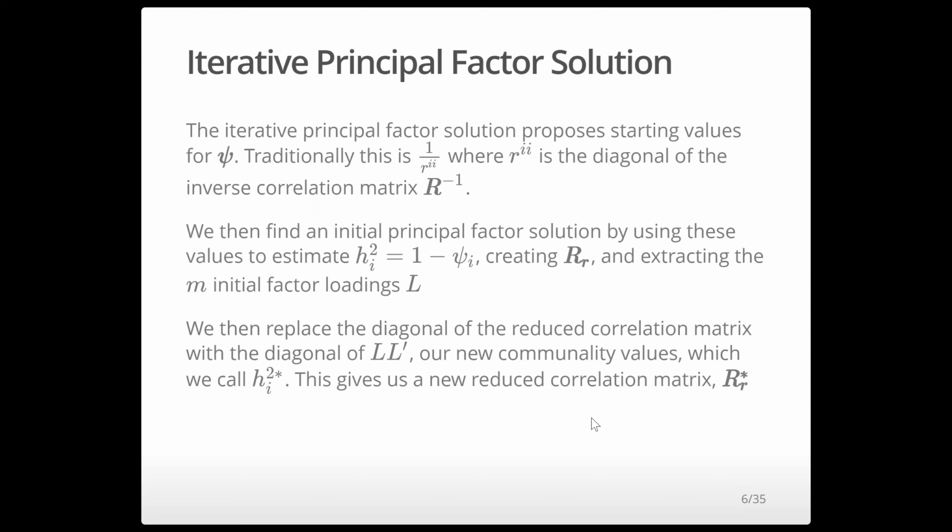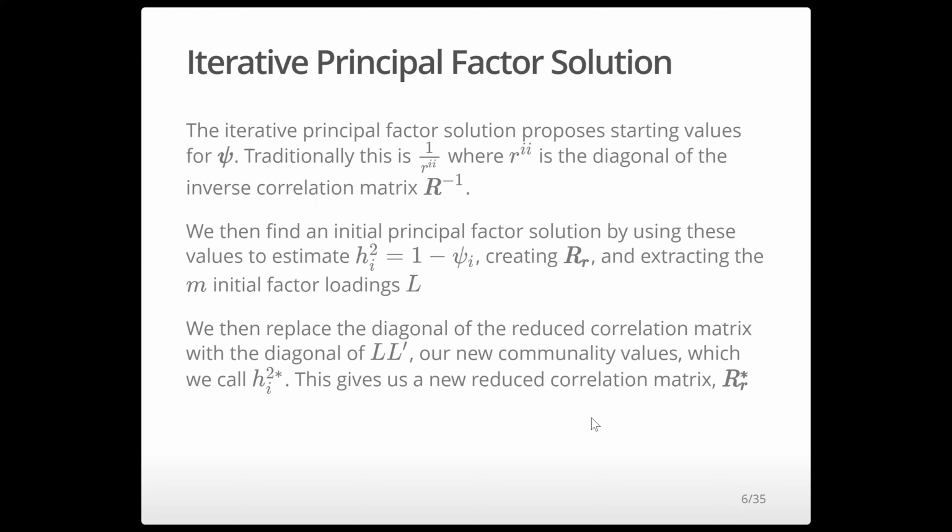And we're going to create our reduced correlation matrix, and we're going to get our factor loadings for L based on that reduced matrix. And then we're going to go one step further, and we're going to replace the diagonal of the reduced correlation matrix with our new communality values based on the principal factor solution here. And we'll call these h-squared star.